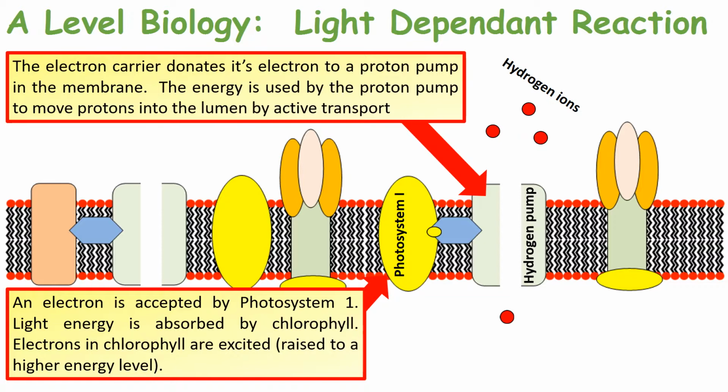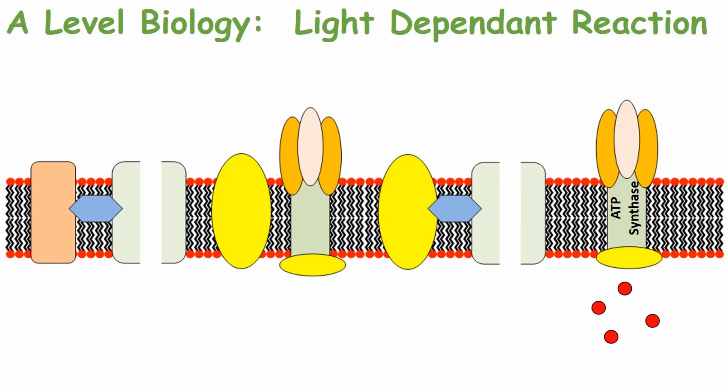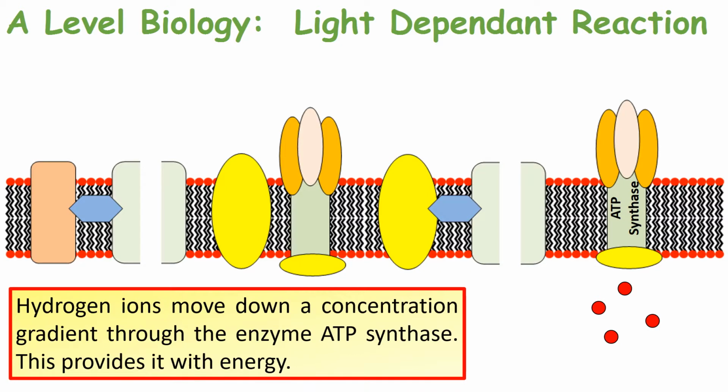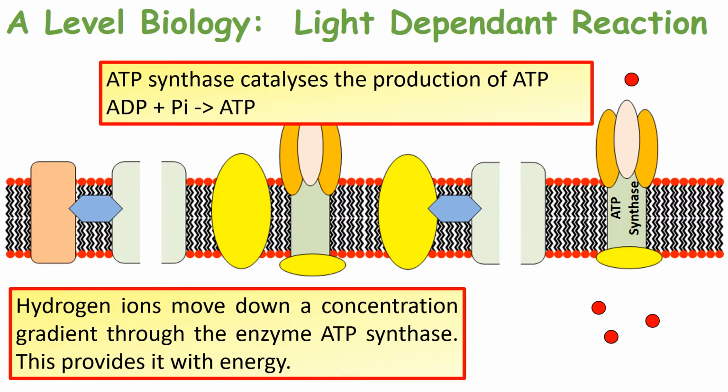This protein pump is used to move hydrogen ions across the membrane by active transport. The hydrogen ions move down the concentration gradient through the enzyme ATP synthase and provide the energy for ATP synthesis.